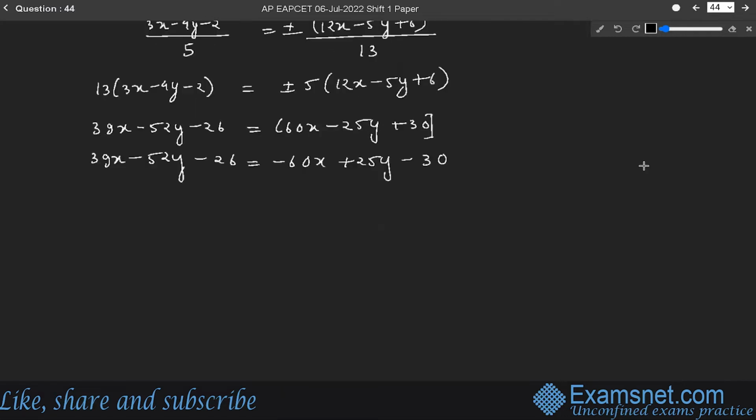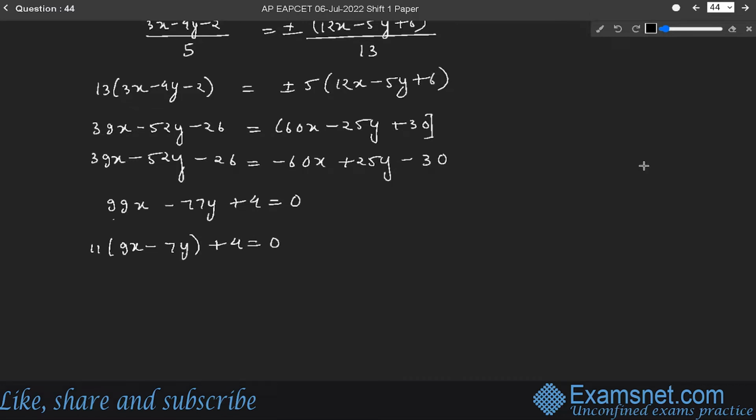So taking all the numbers and all the variables on one side, it becomes 99x minus 77y plus 4 is equal to 0. Taking 11 common from the first and second term, it becomes 9x minus 7y plus 4 is equal to 0.